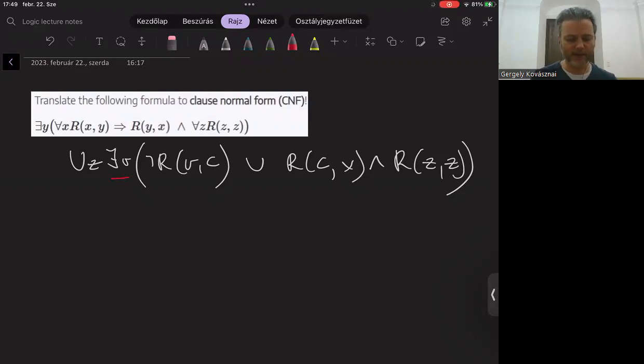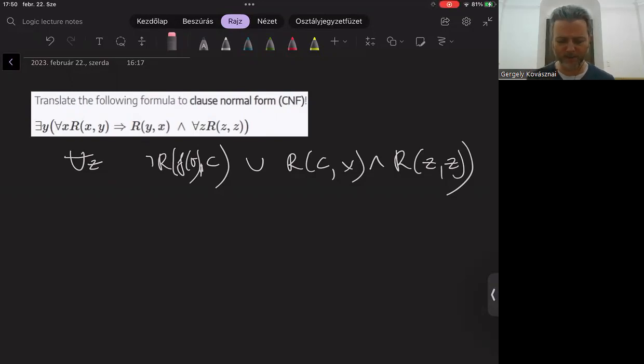Since this quantifier is located behind the universal quantifier for all z, here we need to introduce a new function with the parameter z. And this is what I have to substitute into v. So I get f(v) here instead of v, and after that I can remove the quantifier.